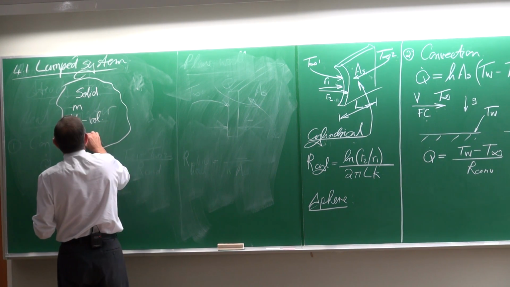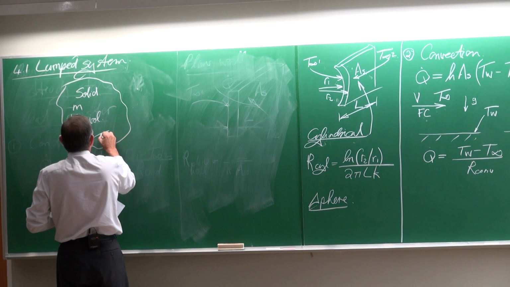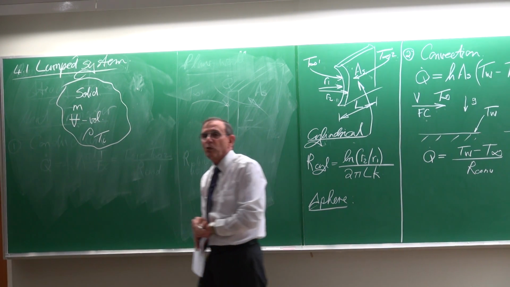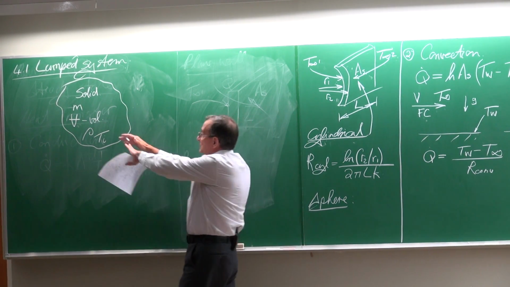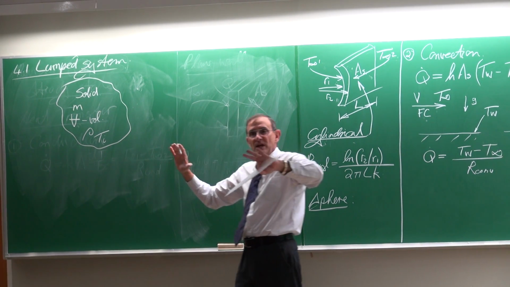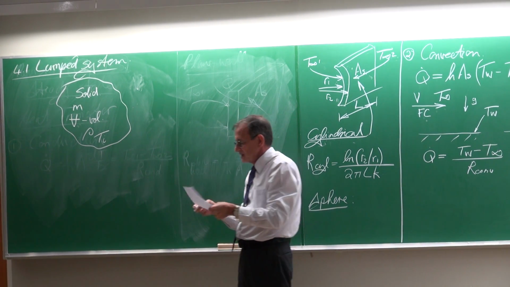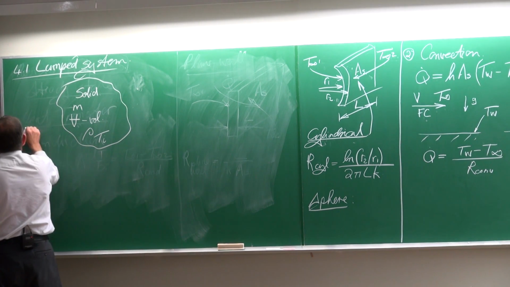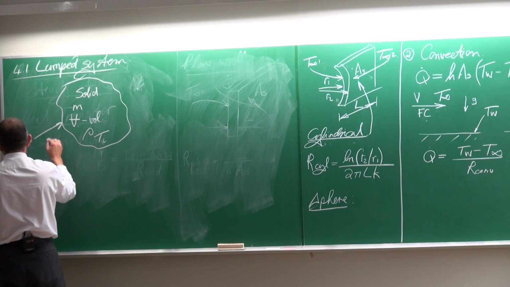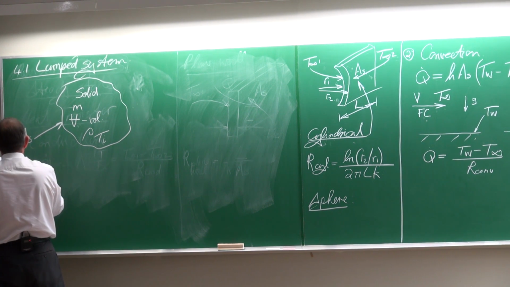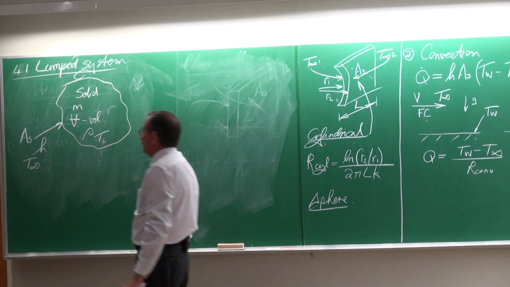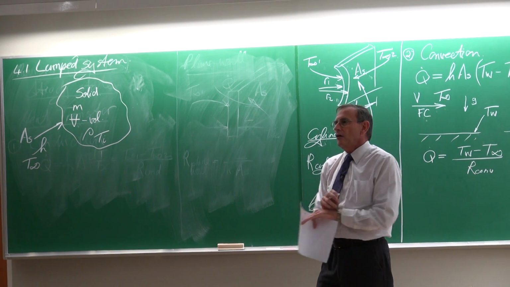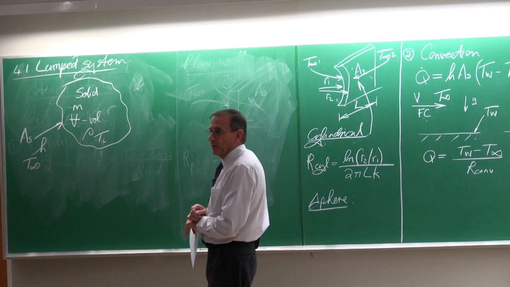and then there is density, and then there is an initial temperature inside the body. And the body is at a uniform temperature. There are no temperature differences. And on the outside of this surface, we have the surface area. We have a heat transfer coefficient on the outside, and we've got T infinite, which is the temperature of its environment.